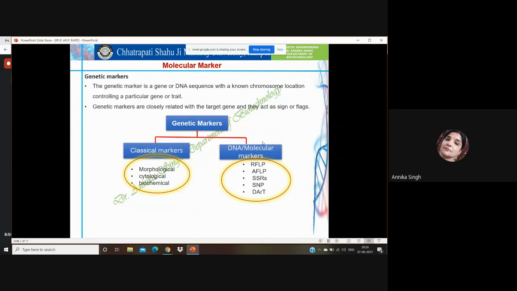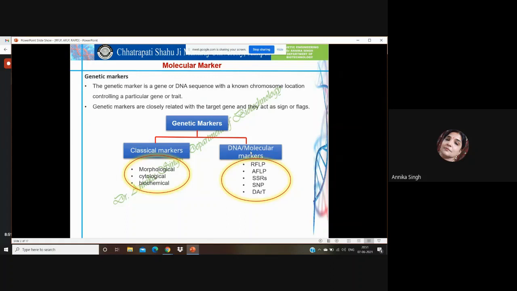Molecular markers or DNA markers are nucleotide sequences and can be investigated through the polymorphism present between the nucleotide sequences of different individuals.